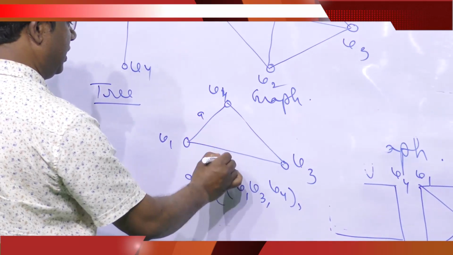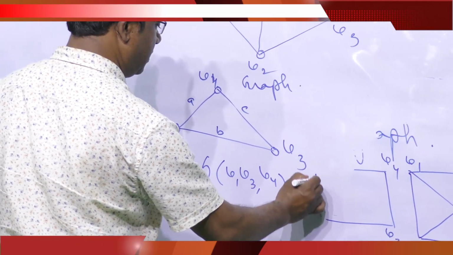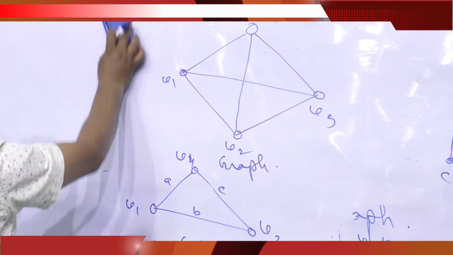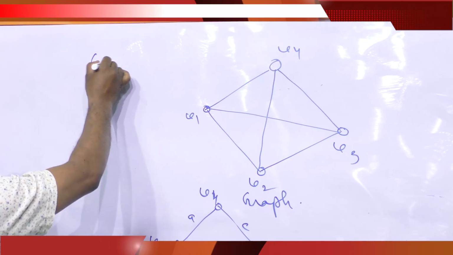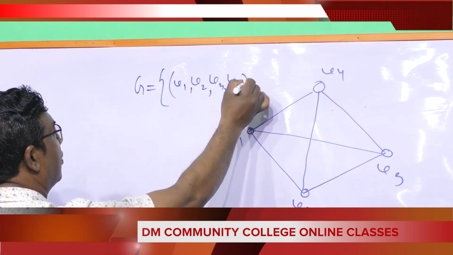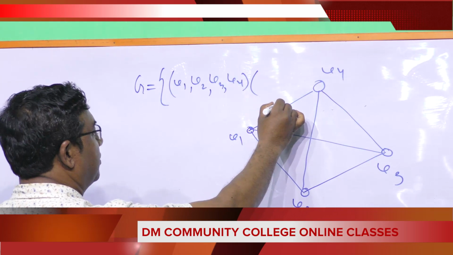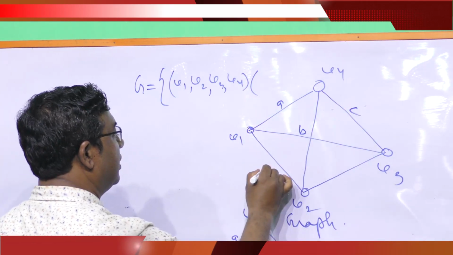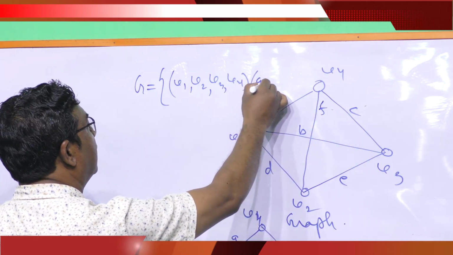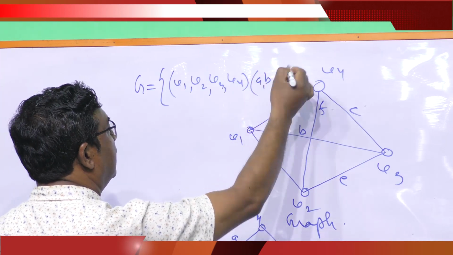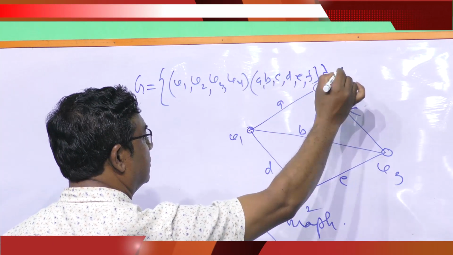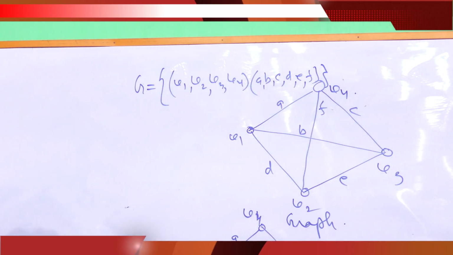Then edges are A, B, C. Suppose A, B, C. So this is a graph, and here the vertices are B1, B2, B3, B4, and edges are, suppose, A, B, C, D, E, say F. Suppose this is a graph.